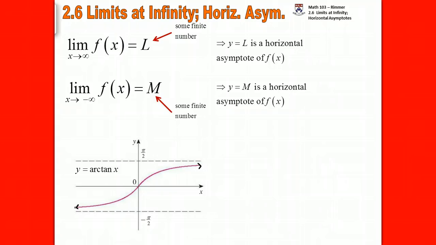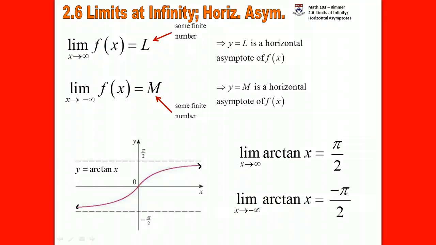Usually these things aren't different numbers, but here in this function, they are different numbers. The capital L, the limit at infinity, is pi over 2, and the limit at negative infinity is negative pi over 2. And these guys are asymptotes. You come up and asymptotically approach that, you never quite get there. And that's what the graph of arctan looks like.